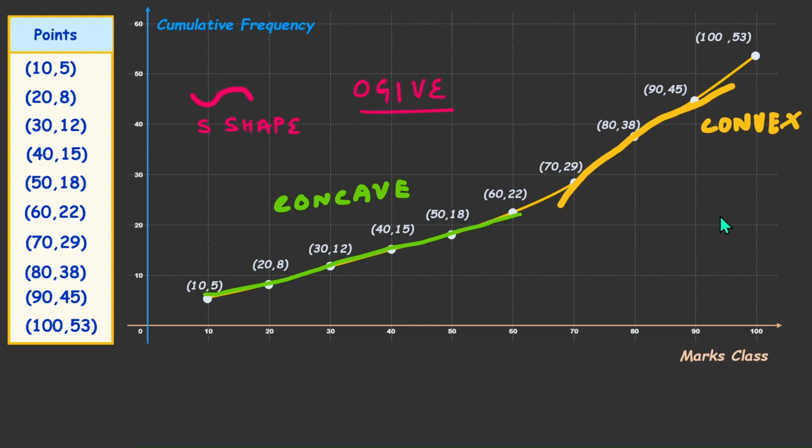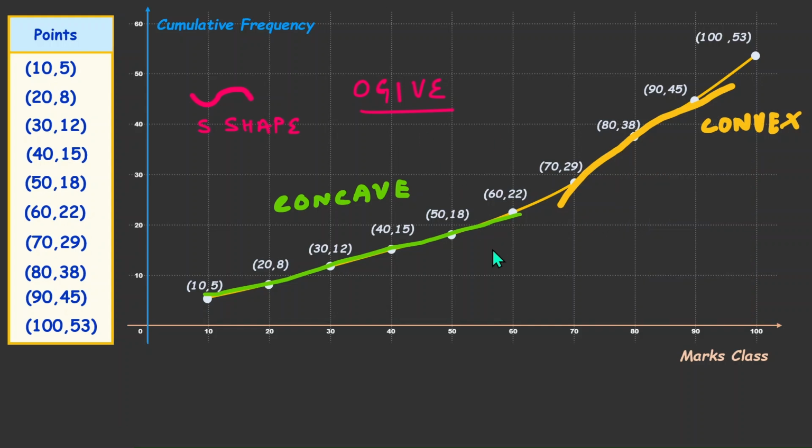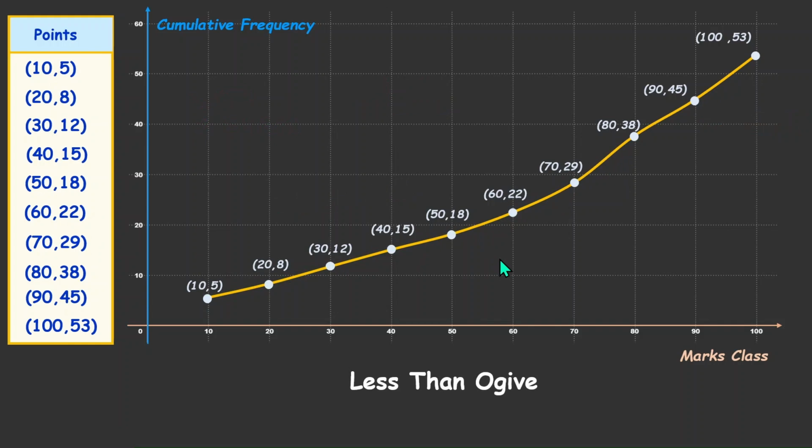In those times, there were arches like this in which you can see this is our concave shape and this is our convex shape. And they used to call this ogive, and from that we got the name ogive. And since we constructed the cumulative frequency graph of less than, we call this a less than ogive. And that is how you create a less than ogive.